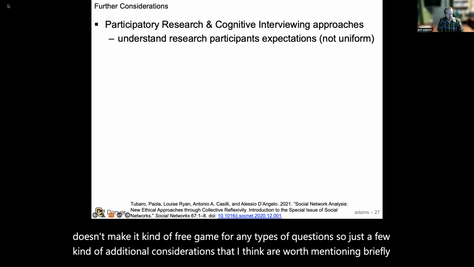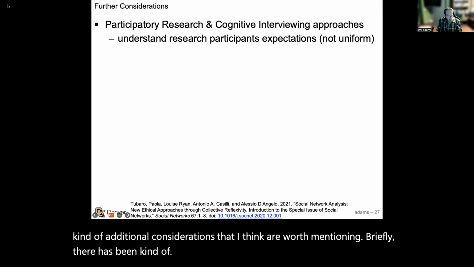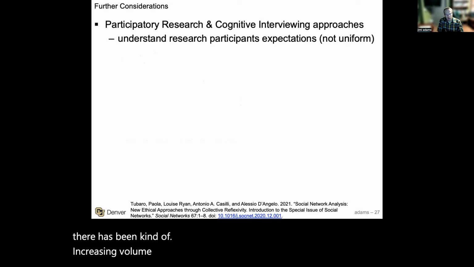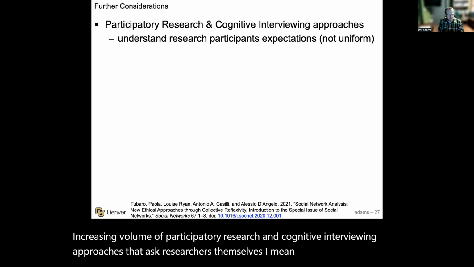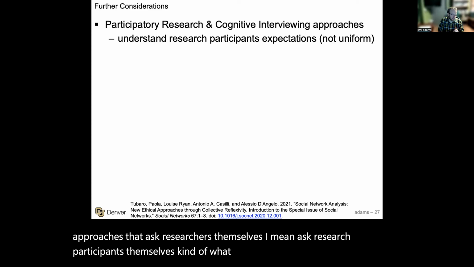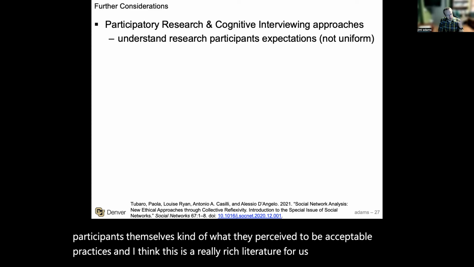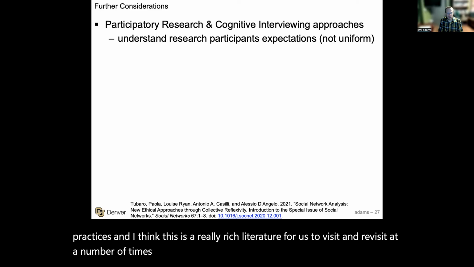There has been an increasing volume of participatory research and cognitive interviewing approaches that ask research participants themselves what they perceive to be acceptable practices. I think this is a really rich literature for us to visit and revisit a number of times as we continue to address some of the questions that we've raised here today.